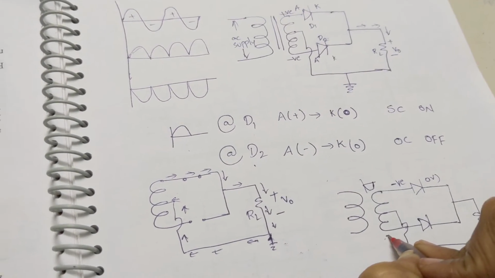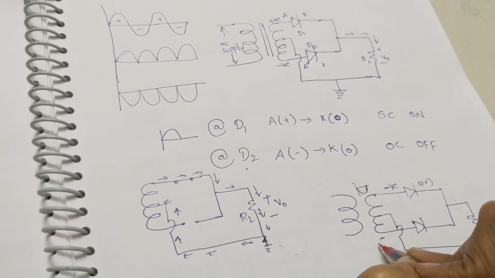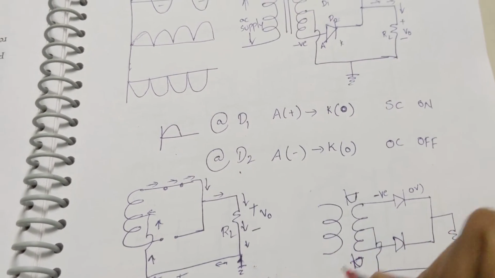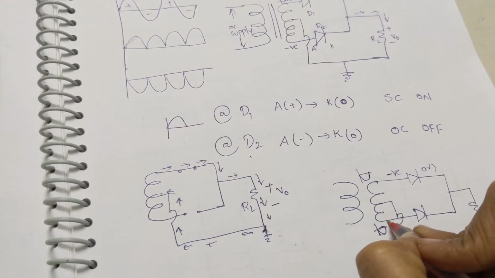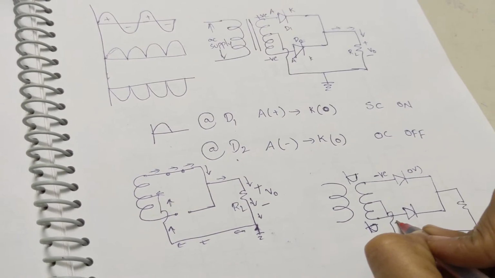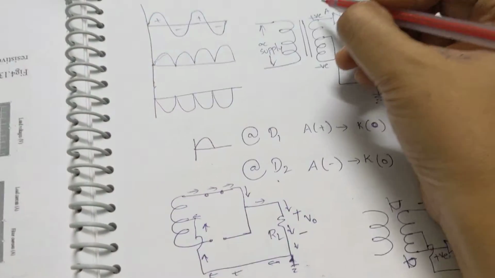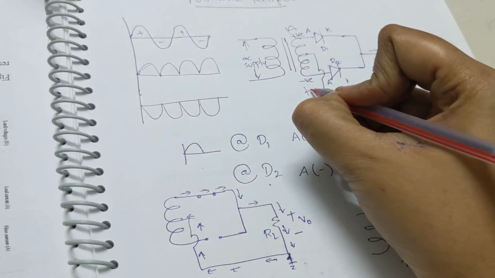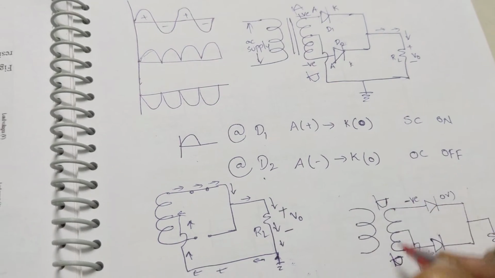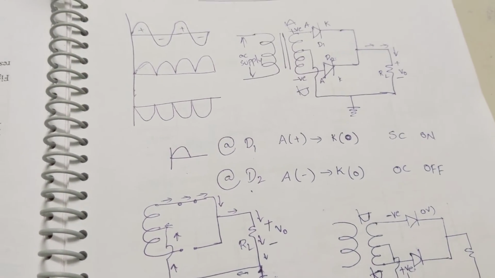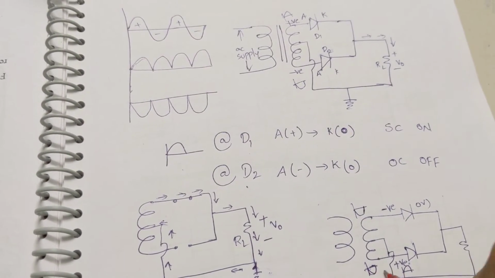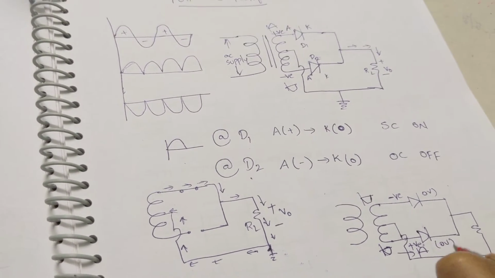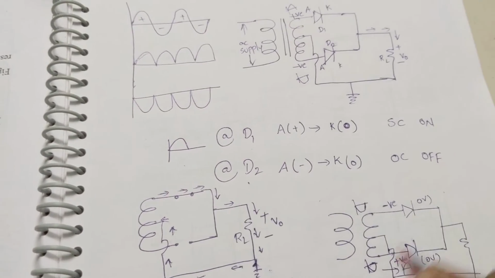So this one is negative of negative, that means it is a 180 degrees phase shift. The transformer is shifting its properties here. When I apply the positive here, it is converting this one as negative. When I apply negative here, it is converting it to positive. That is, it is shifting by 180 degrees. So this is positive and this is zero potential. So automatically this is in off condition.